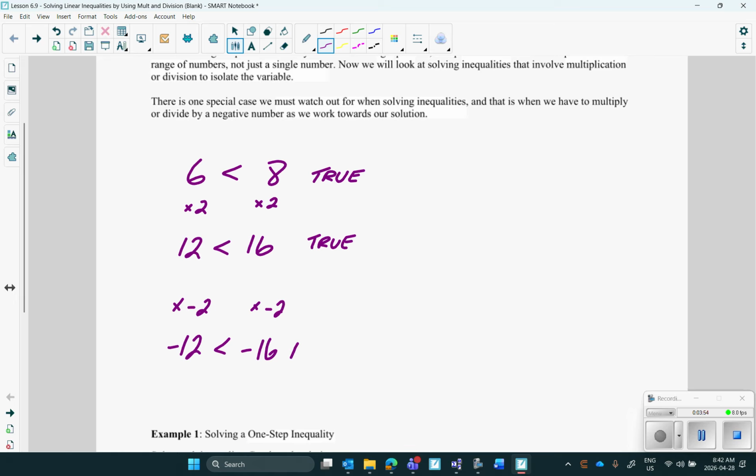It's false, but true if I reverse the inequality.